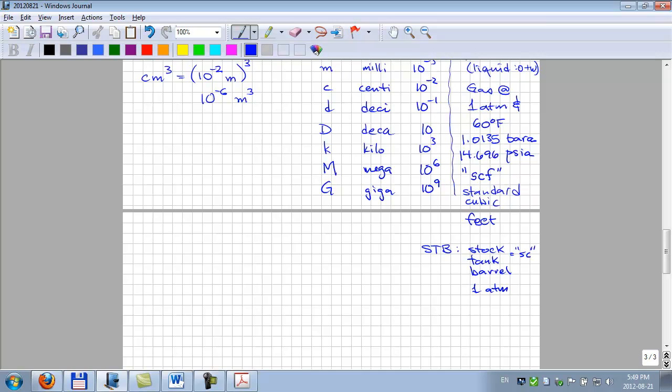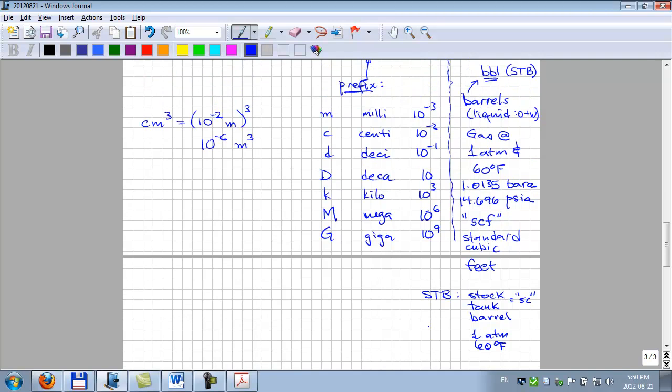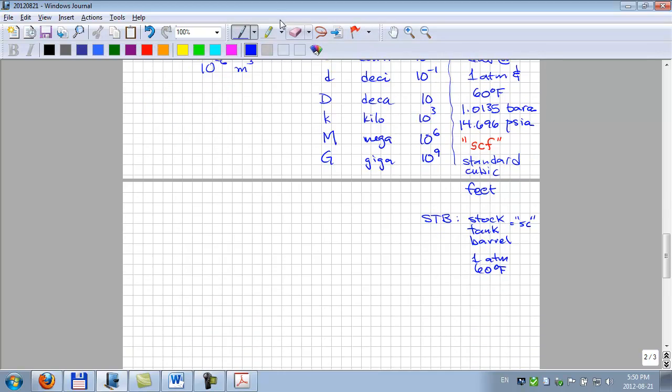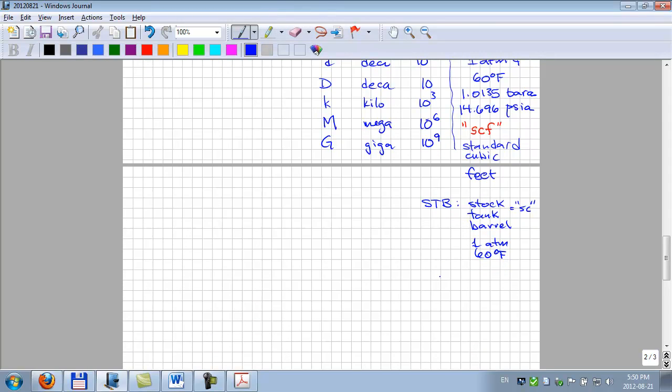But with this standard cubic feet thing here, we've got some really strange ways to express that.